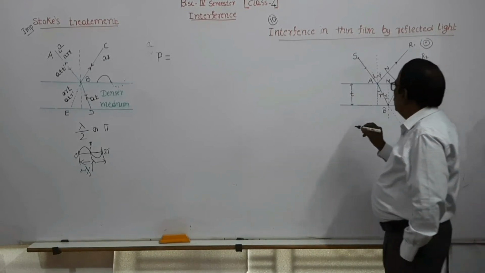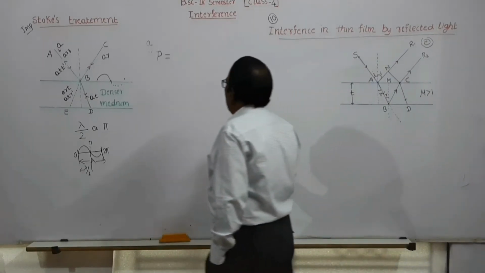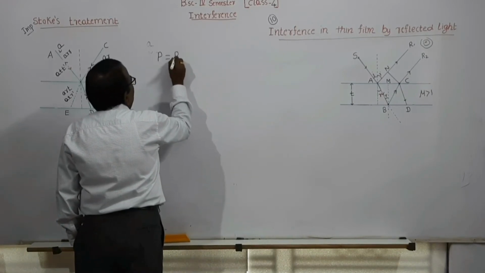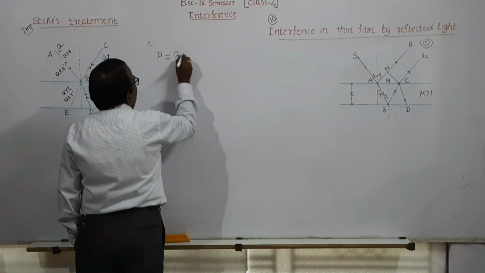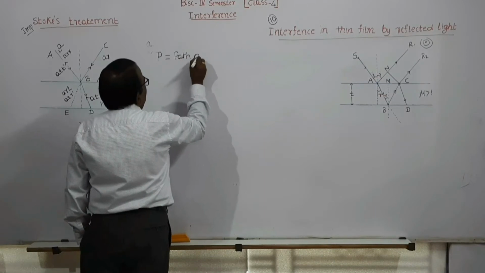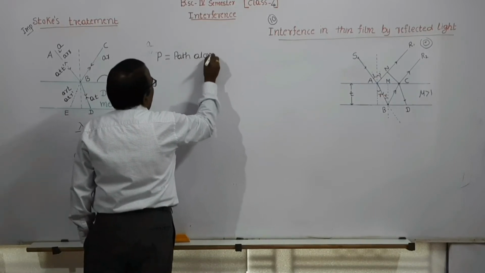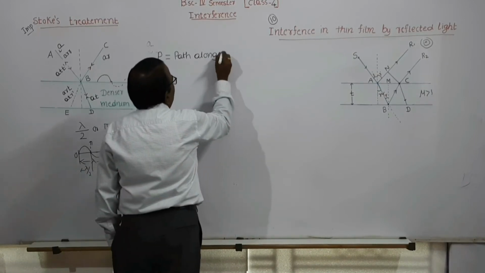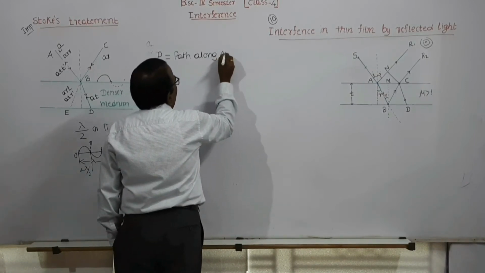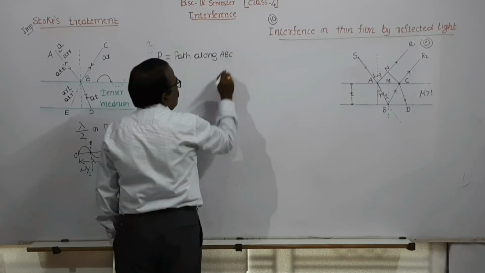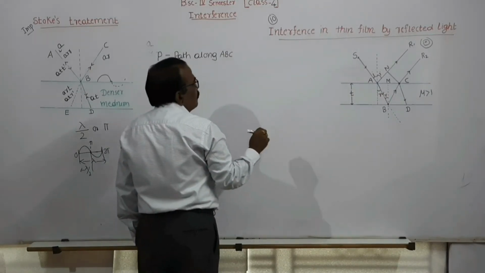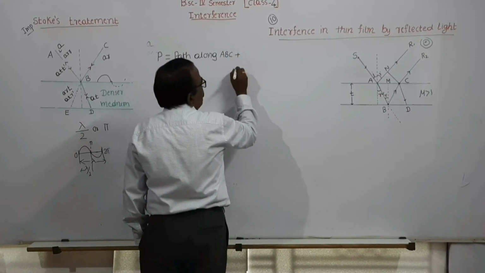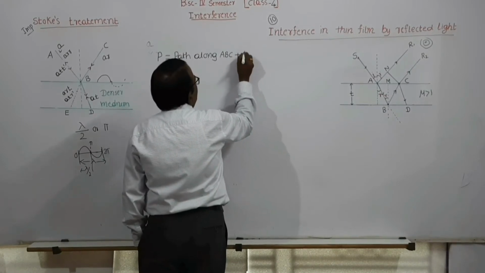That means your path difference P is the path along ABC in the denser medium, plus another extra path AN.